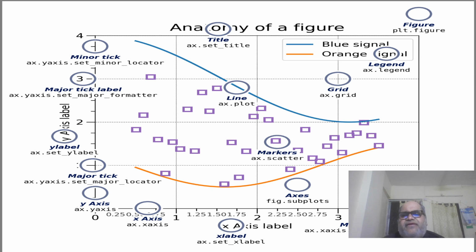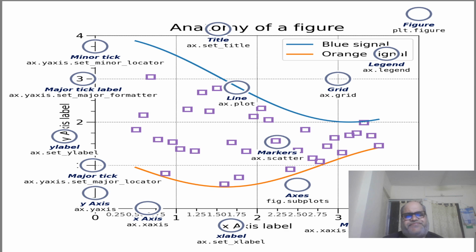Some of the other components, if you can follow my mouse, is where the legend is. This is the place where, if you have several plots or even an individual plot, it will have some color-coded thing with a certain description, which will talk about what kind of data set it has plotted.